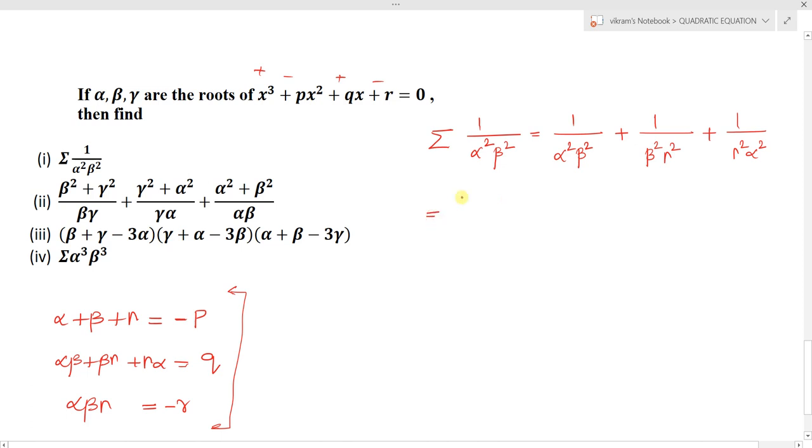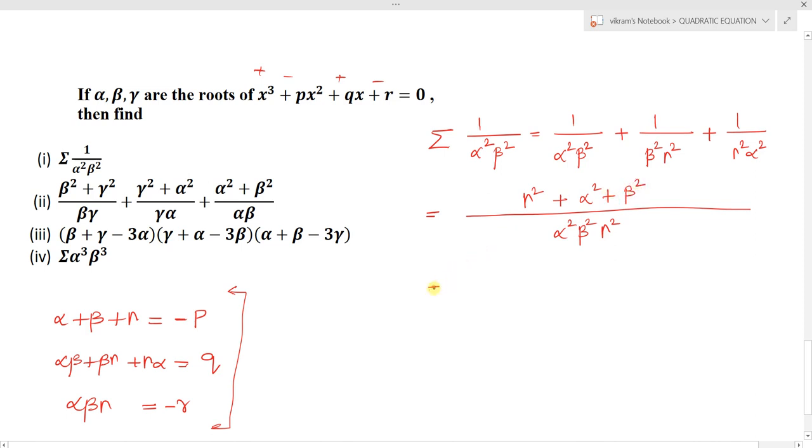Now if we simplify this, we take the LCM as alpha square beta square gamma square. Then the numerator includes gamma square plus alpha square plus beta square.